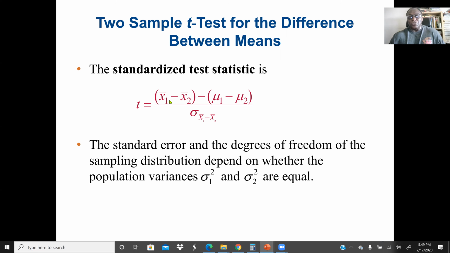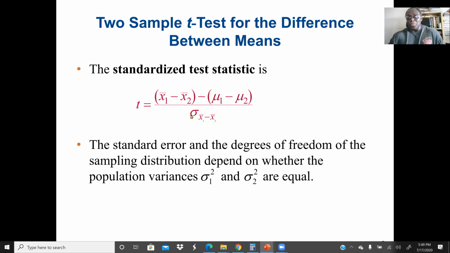This is the formula for it, which is close to the z-test formula, but there's a slight difference. We have the difference of x1 bar and x2 bar, the two sample means, minus the difference of mu1 and mu2, the two population means, divided by the standard error.